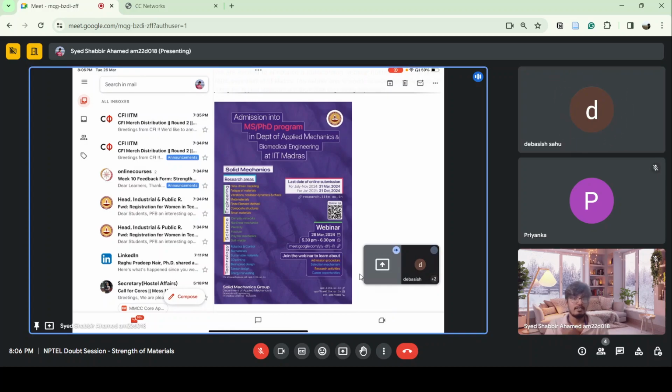No. Initially this was only applied mechanics, and now they have changed the name to applied mechanics and biomedical. So there are three groups: the solid mechanics group, the fluid mechanics group, and biomedical. This is not mechanical, okay? The mechanical department is a separate department. The mechanical department again has machine design sections, which deal with solids and all.